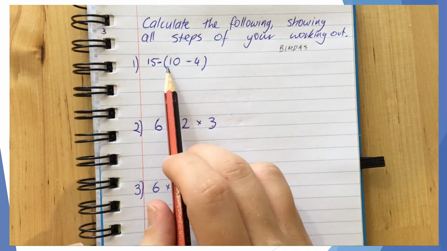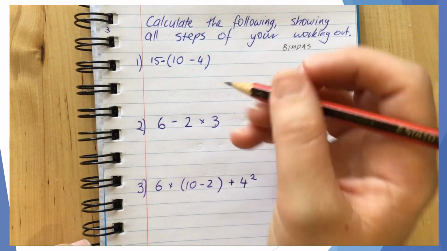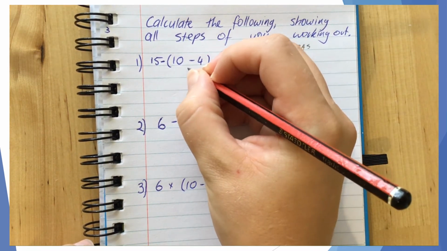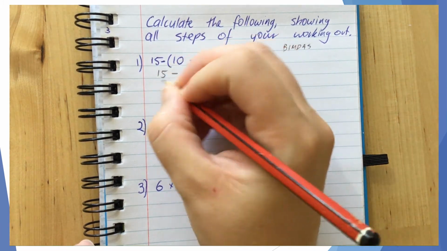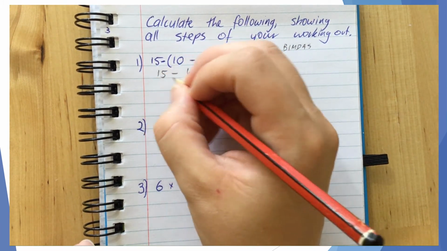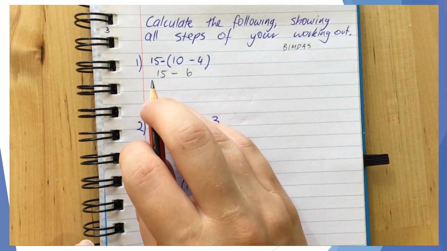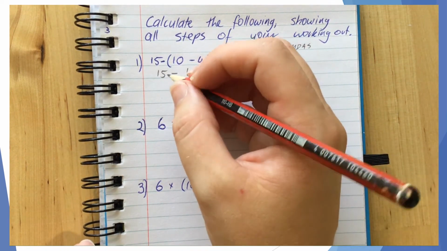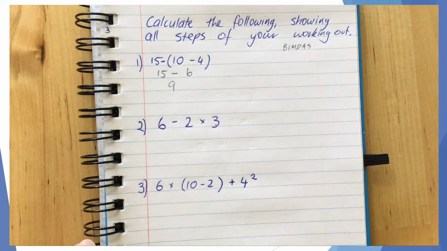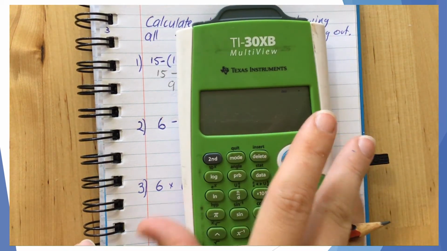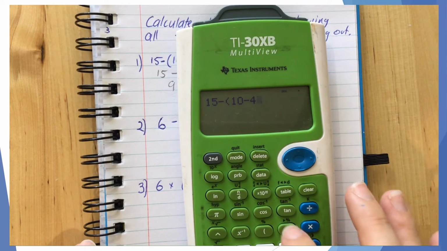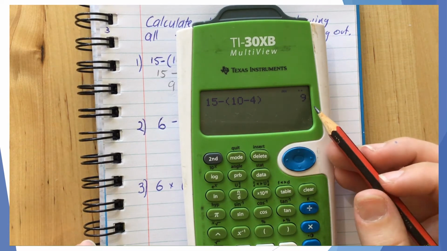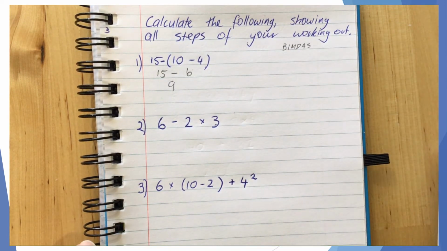When I look at the brackets, 10 minus 4 is 6. And then I still write the 15 minus out the front to say I haven't dealt with that yet. So the sum that I now have to deal with is 15 minus 6, and 15 minus 6 gives us 9. And if I do a quick check of that on my calculator, 15 minus bracket 10 minus 4, close bracket, the answer is 9. So our answer is correct.